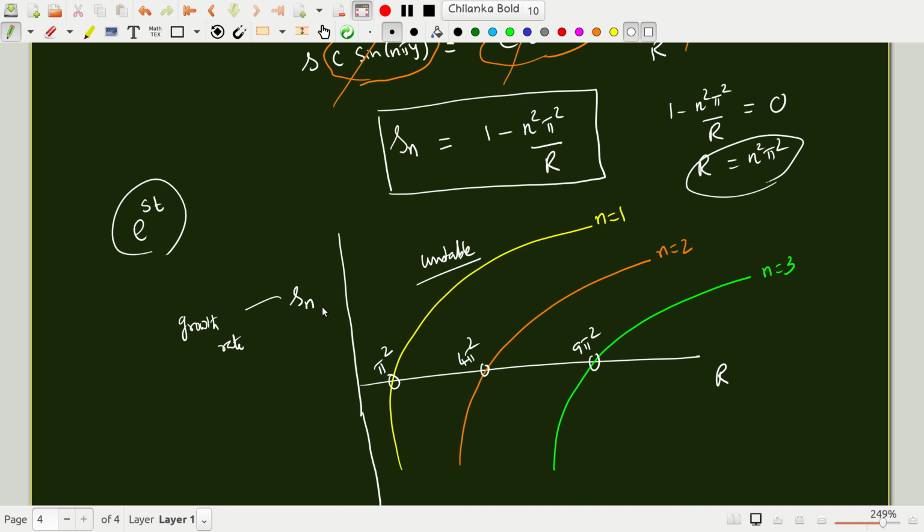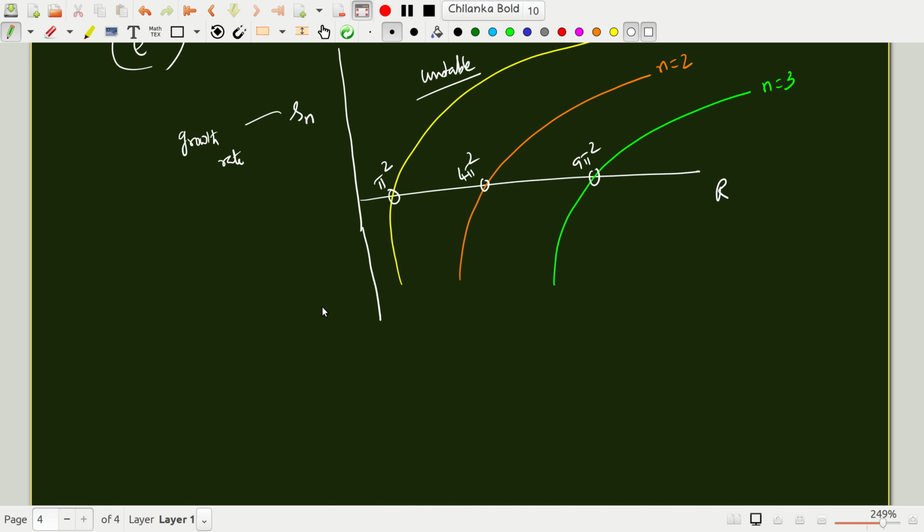So this is the outcome of linear stability analysis, and you will be able to figure out which modes become unstable and when they become unstable as a parameter is varied. Okay, and the subscript n denotes that the growth rates of different modes, that is different n, are different, as you can see from this qualitative sketch. Right, so when Sn is less than 0, the perturbations decay, so for r less than n squared pi squared.